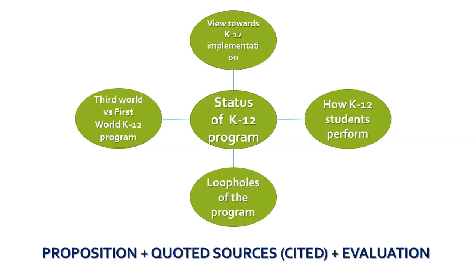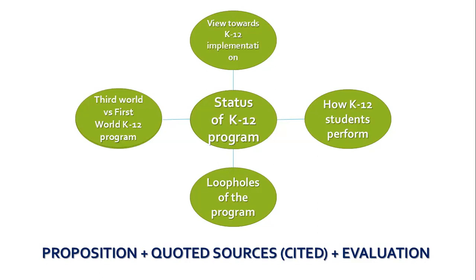You can also have loopholes of the program. Ano nga ba yung mga loopholes? When you talk about loopholes, ito yung mga problems, areas for development, areas for improvement. And you can have a concept paper that deals with comparing how K-12 program is different from K-12 programs in first world countries. Diba? So you can see their difference.